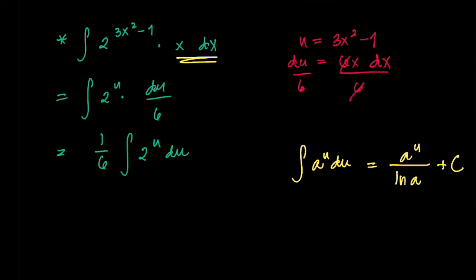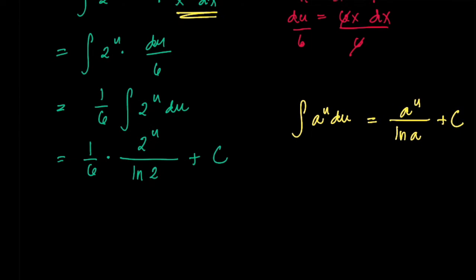Gawin na lang natin to dito. Magiging just copy 1/6. So, times a raised to u, so 2 raised to u, all over natural logarithm of a. Ang a natin is 2 plus c.